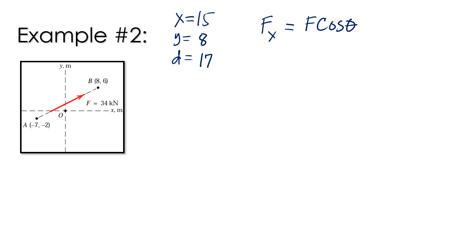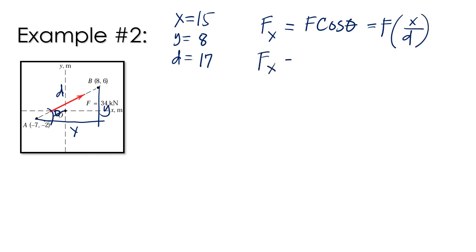And from the triangle, if this is our angle theta, we have here our x and our y, and this is D. So cosine of theta is equal to x over D. So for Fx, we have F, which is 34, times x, 15, divided by 17.